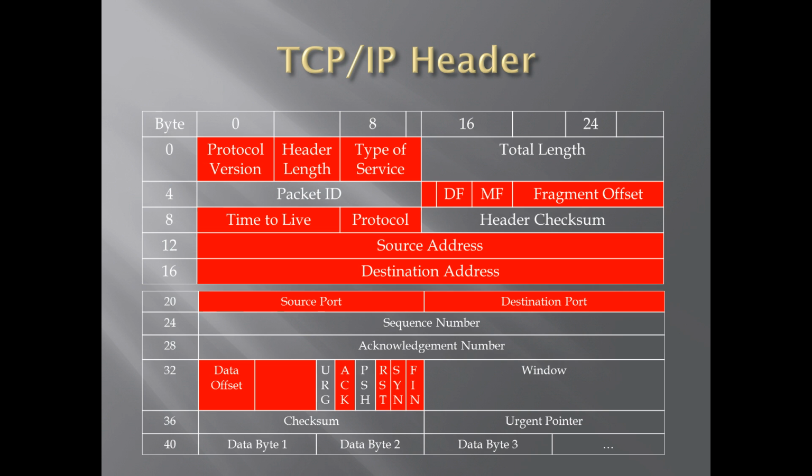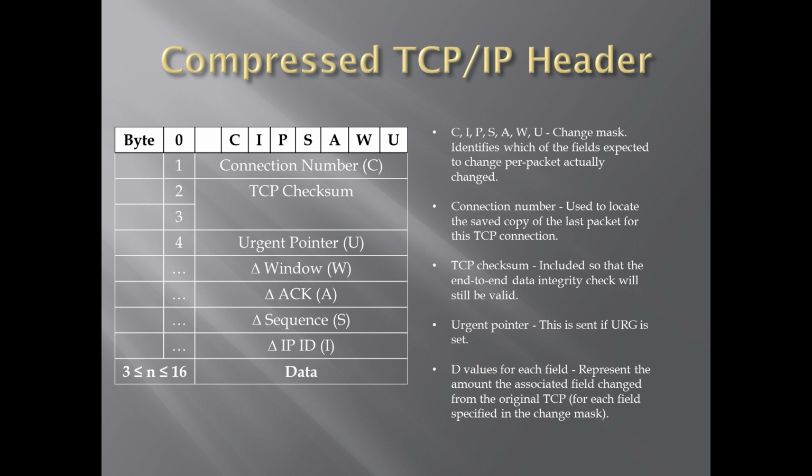As a result, you can compress all this data down into this header. This is the compressed TCP/IP header. As you can see, it ranges between 3 and 16 bytes long. Some of the important items to note are the connection number, which is used to locate the saved copy of the last packet for the TCP connection. This is the packet that contains the full TCP header.